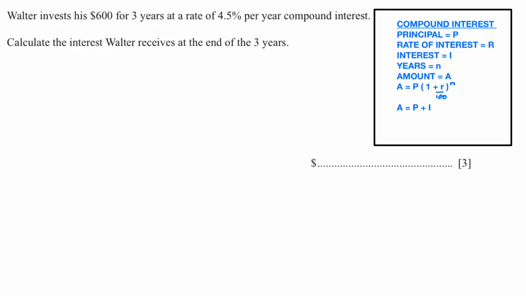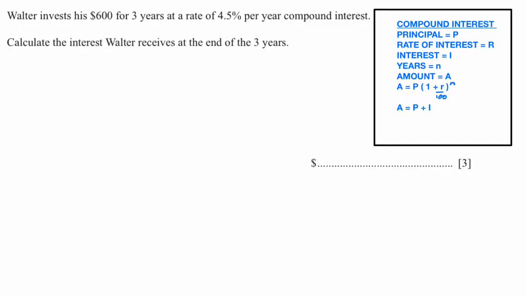This is the formula which we will use: A is equal to P times 1 plus R over 100, to the power of n. P is your principal, that is your starting amount. Rate of interest is R, which is 4.5%. I is interest. Years is n, which in this case is 3.